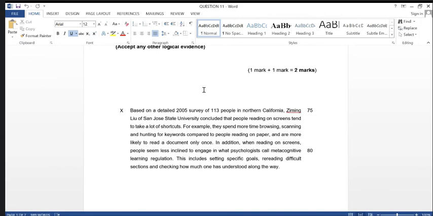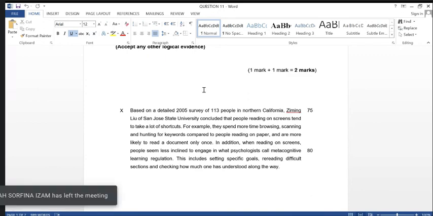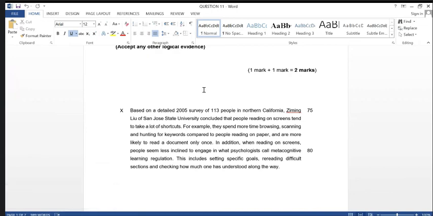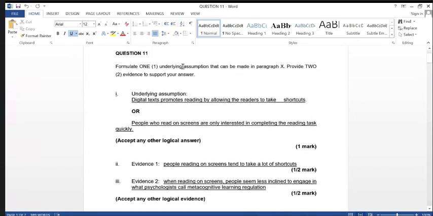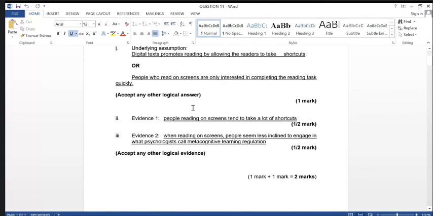Because if they wanted total comprehension, they would have to do all these things well. Right? And we can also conclude that the screen, the digital text, promotes its platform by making it easier for people to take shortcuts in reading. Okay, that's my inference. Or it can also be the underlying assumption made by the author when writing.